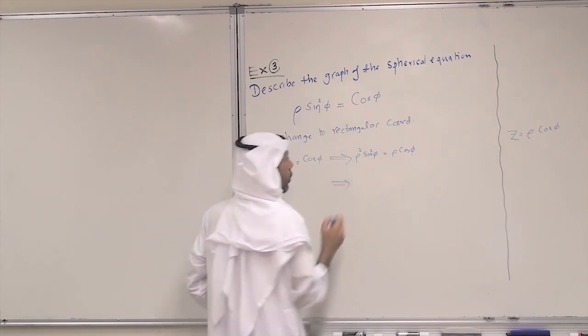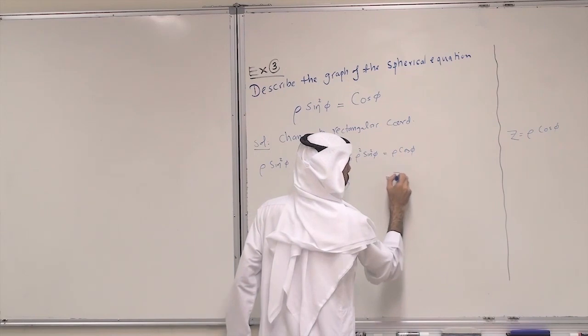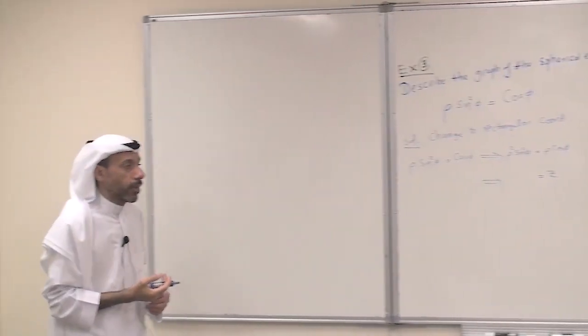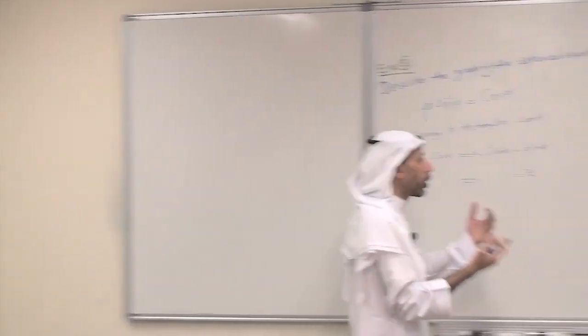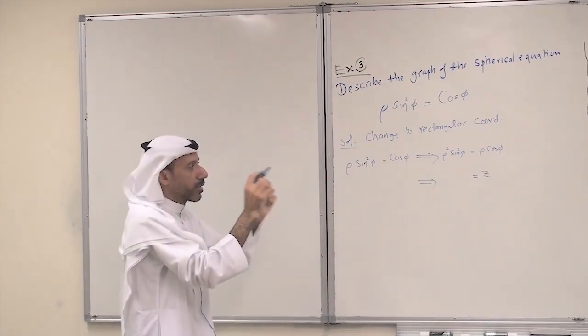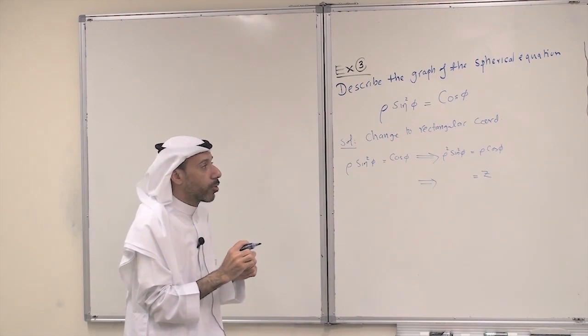This gives us the following. Rho cosine phi equals z. What about rho squared sine squared phi? You have to recall the basic equations connecting spherical and rectangular coordinates.